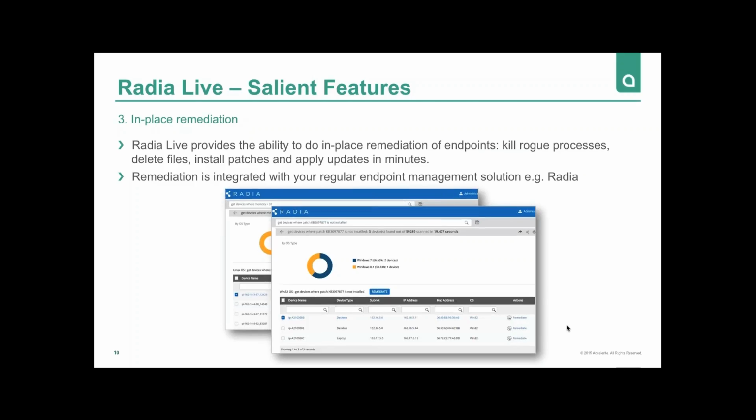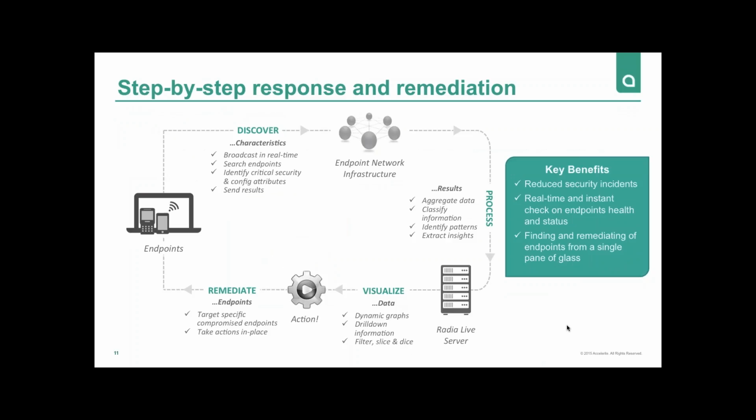Okay. Here's a step-by-step view, almost like the technical flow of how the information flows. Let's start from the left of the screen where you see all the endpoints. The process of discovering the characteristics is that queries will be sent to these endpoints in real time, and then we'll discover certain characteristics of these endpoints, whether it is the CPU usage, or certain processes running.